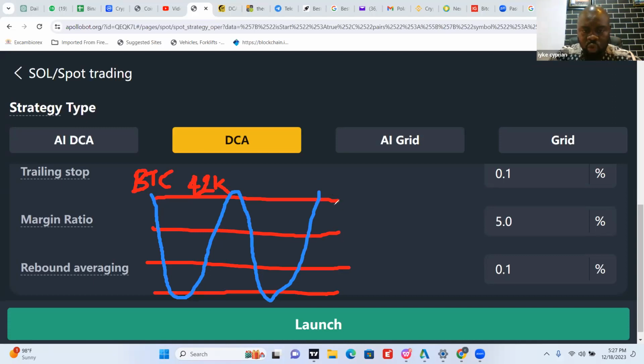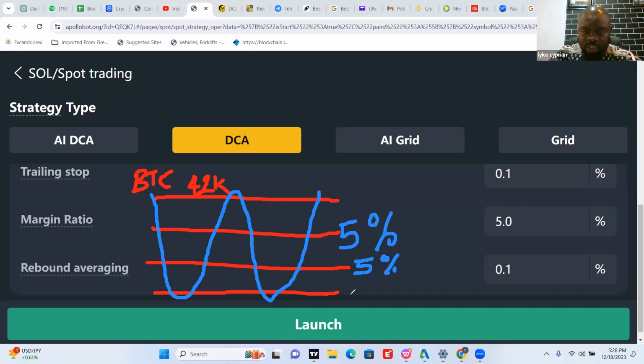Now you want your robot to buy the Bitcoin at different market prices. So you could set up your margin ratio accordingly, how you understand it. So I could say, I want to buy Bitcoin at every 5% drop, okay? So it becomes automated, all right?